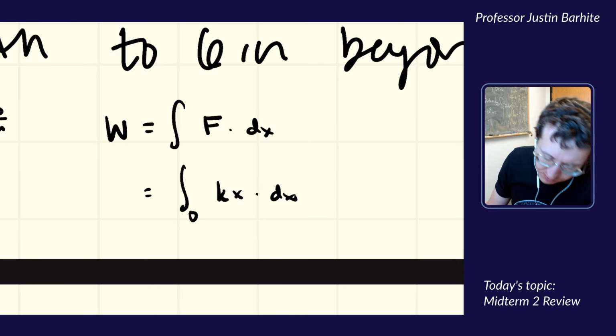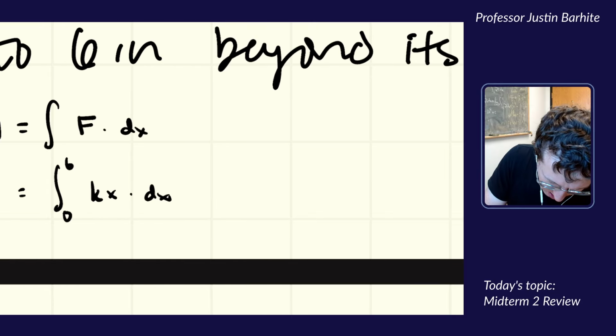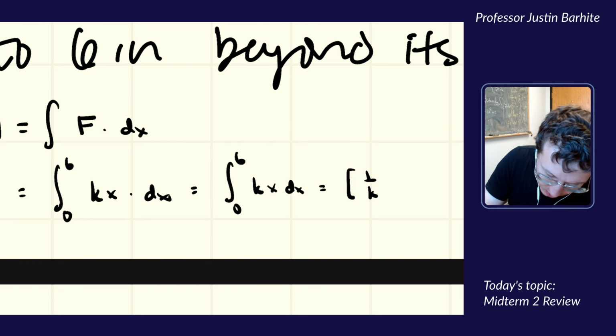So we integrate from 0 to 6. The antiderivative is 1/2 kx squared.